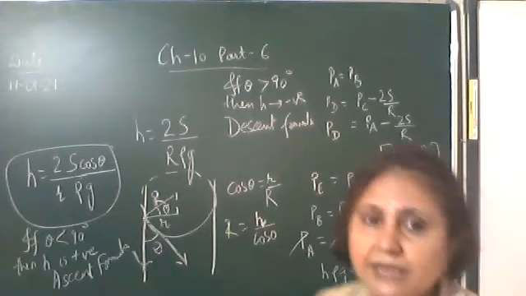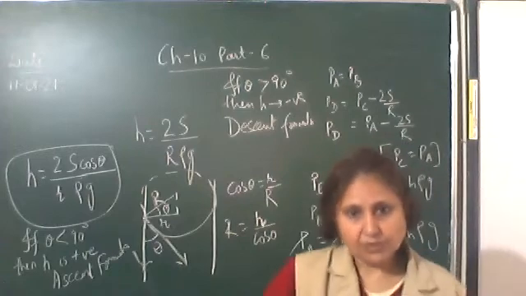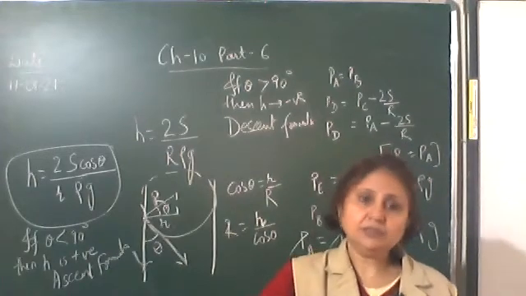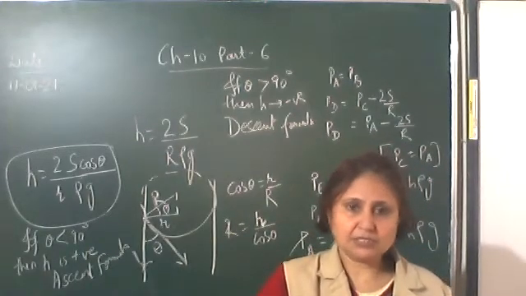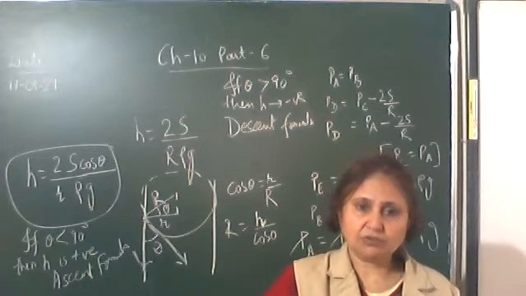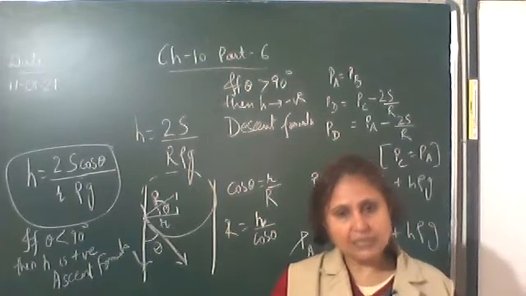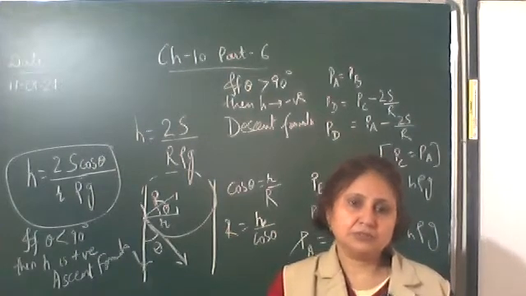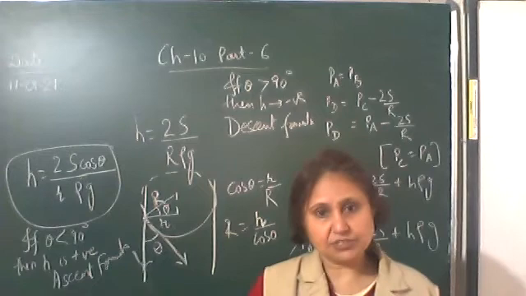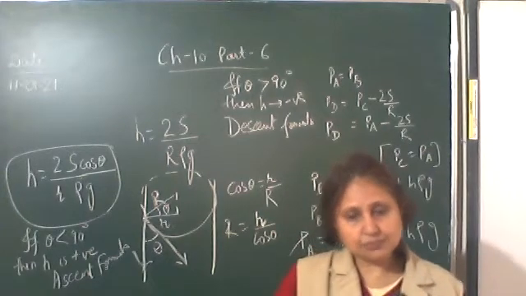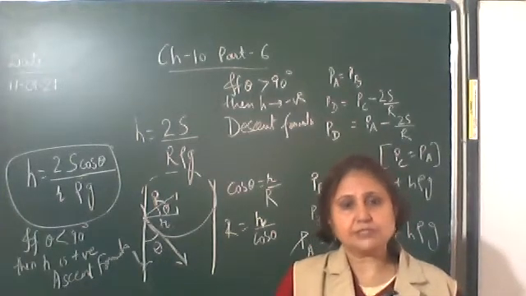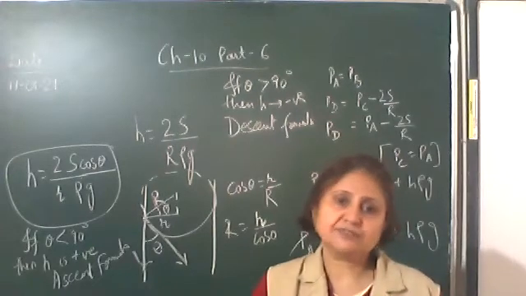The first factor is whatever is mixed in the liquid, that is the solute dissolved in the solvent. Highly soluble substances increase the surface tension of the liquid, and sparingly soluble, less soluble substances decrease the surface tension of the liquid.